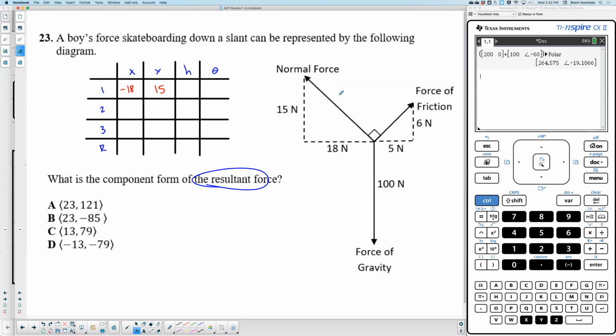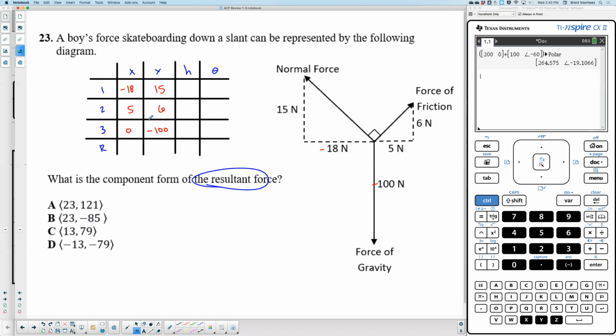Okay, so that's this vector. What about this second vector? Why both positive? Right and up. So X, Y, 5 and 6. Okay, what about this one? It's a negative. And I'm gonna put that on the Y, negative 100. What do you put for the X if it doesn't go left or right? 0.